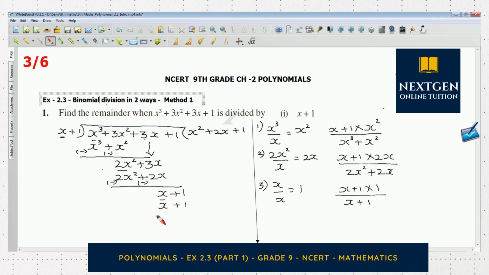I am directly using the value here, changing the sign, 0. This is how you do the polynomial division. This is our long division method that you are already familiar with from your lower classes, and this is method 1.